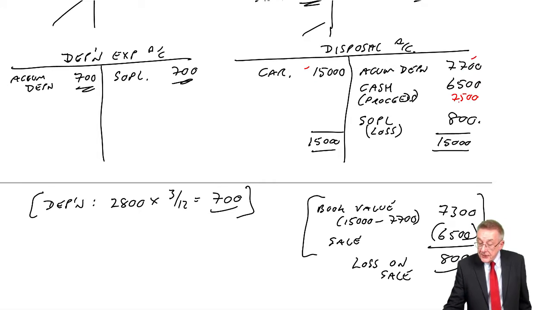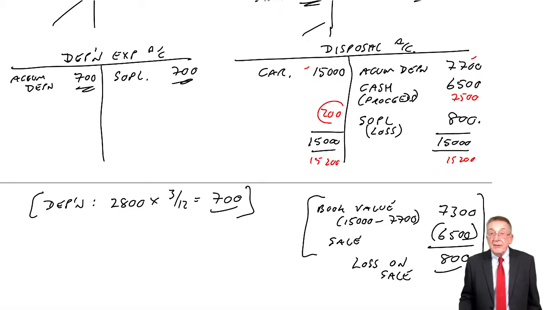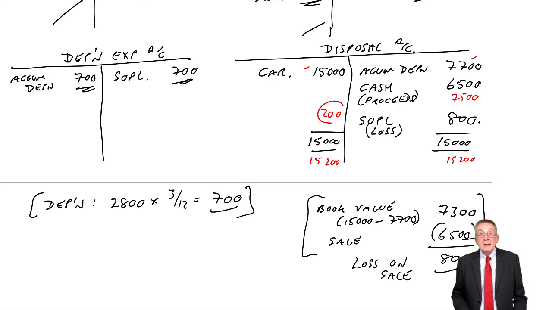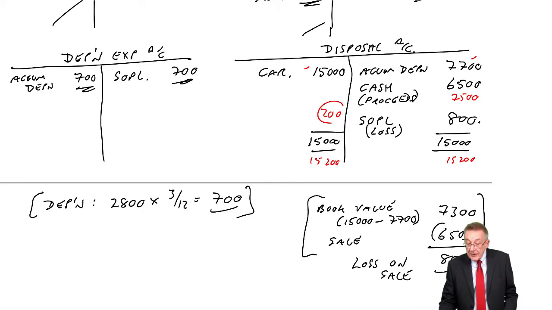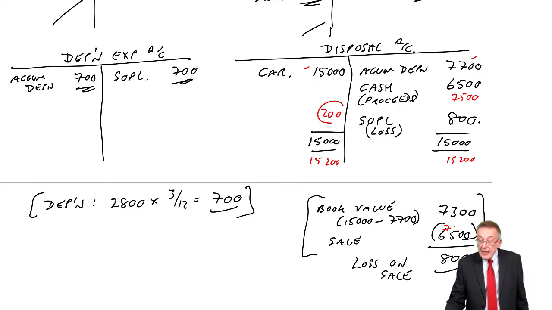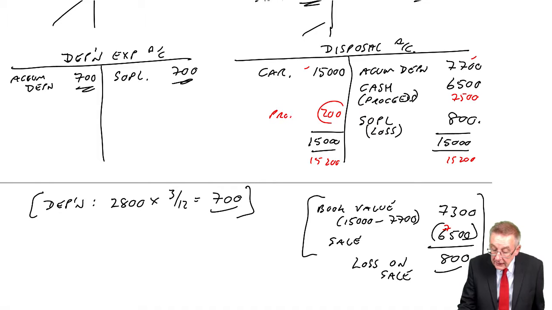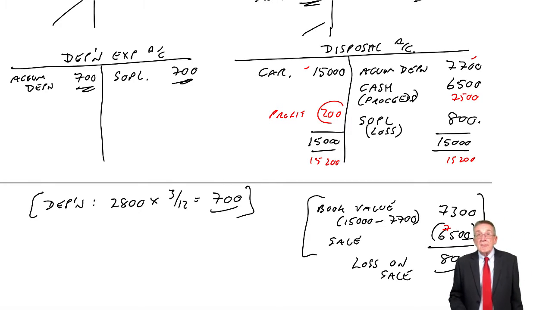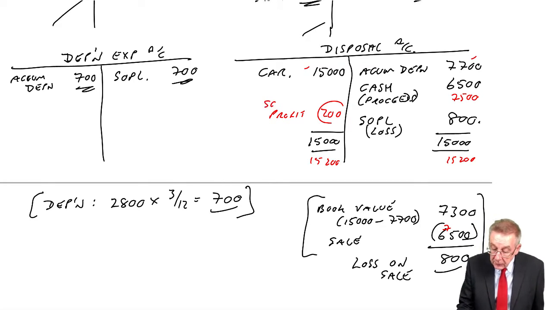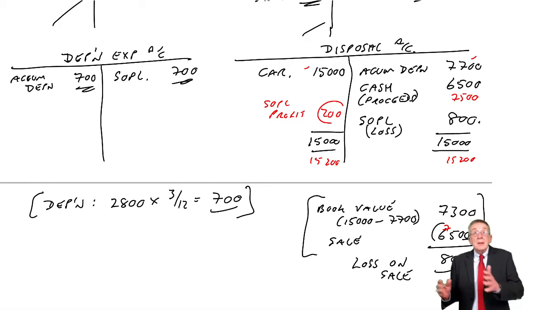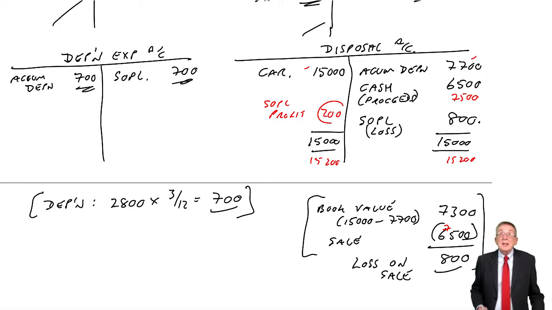You have to imagine this, but this would now be the big side, 7,700 and 7,500, that would add up to 15,200. The missing figure would be 200 on the other side. And what would that be? Well, think about it. If you sold it for 7,500, it would be a profit on sale. And again, it would go to the statement of profit or loss, but with credit statement of profit or loss, it would be a profit.